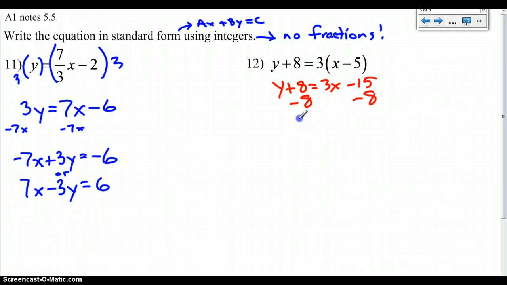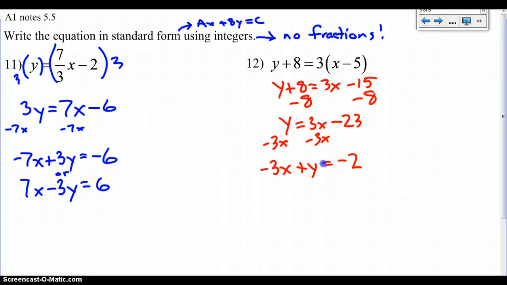So I'm going to do that first. So y equals 3x minus 23. And then finally, I've got to move that 3x. I can do that by subtracting. So negative 3x plus y equals negative 23.